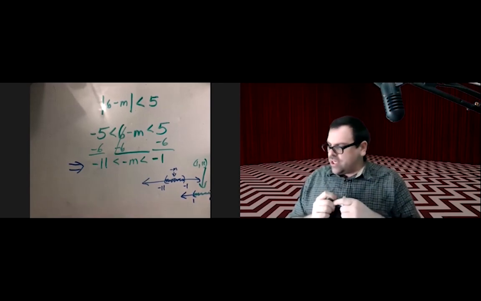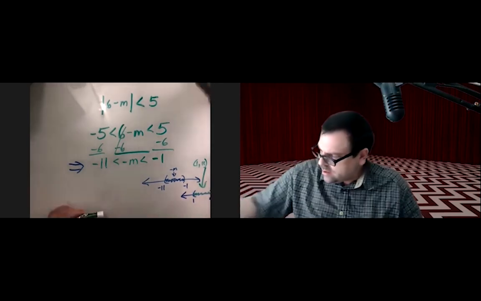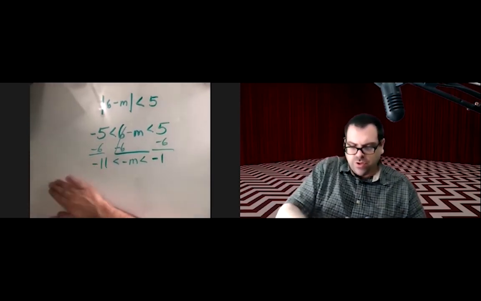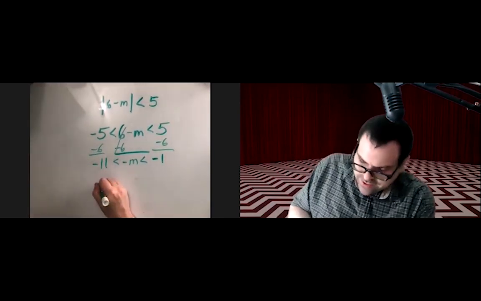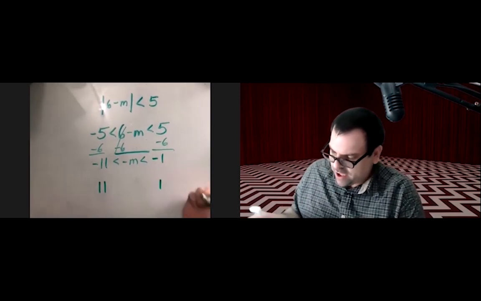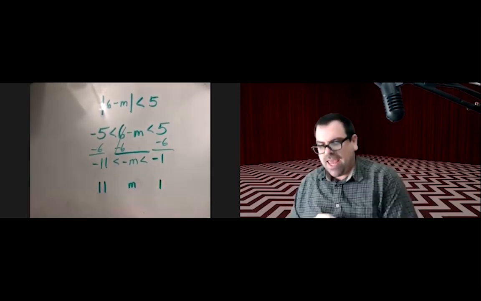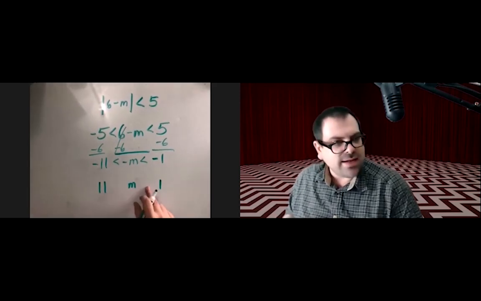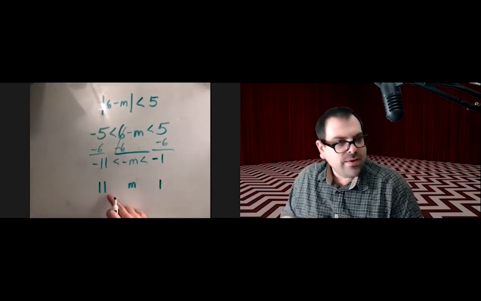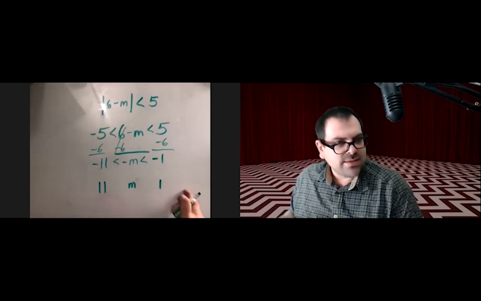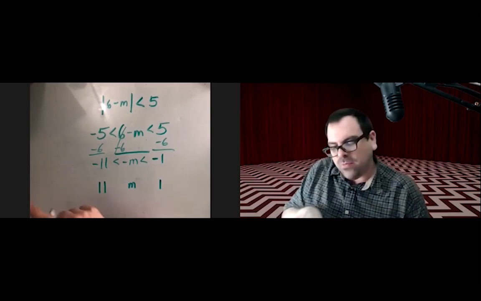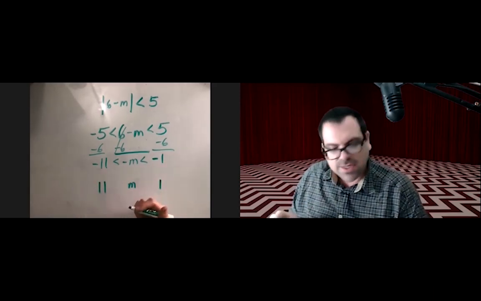So I can't just change this to positive 11 and this to positive 1 and this to m and leave it less than, because this wouldn't make any sense. This would have to be less than this to use less thans there. But how do we go from a negative to a positive like this?